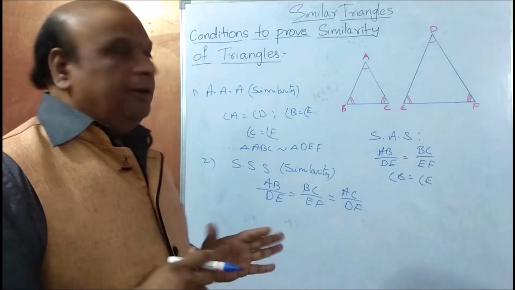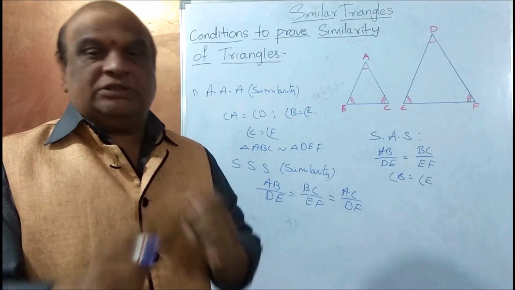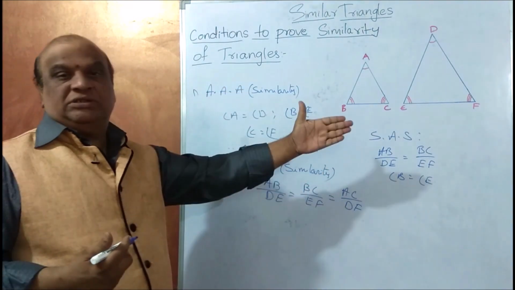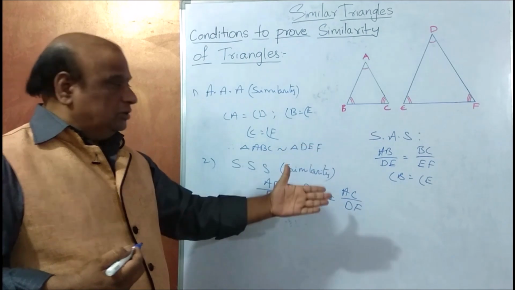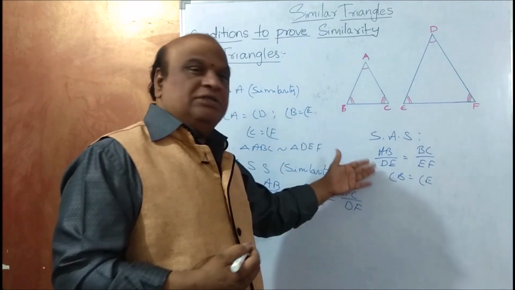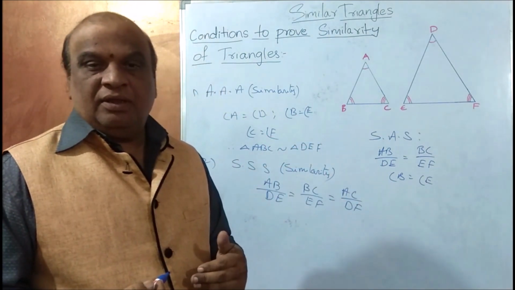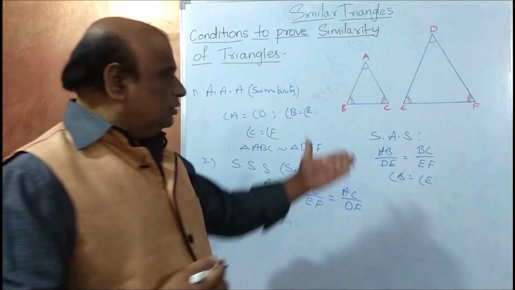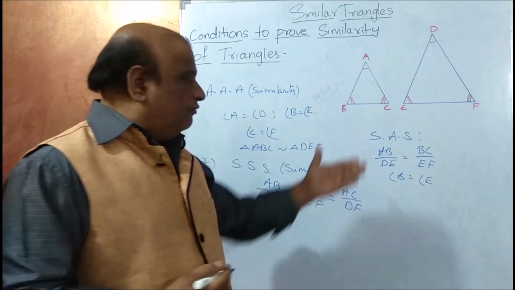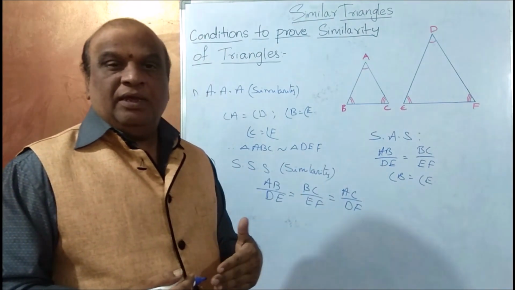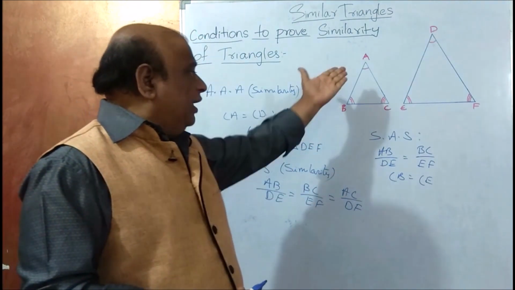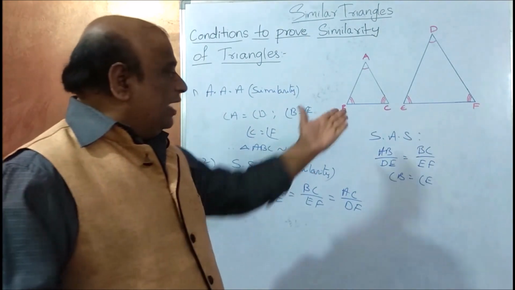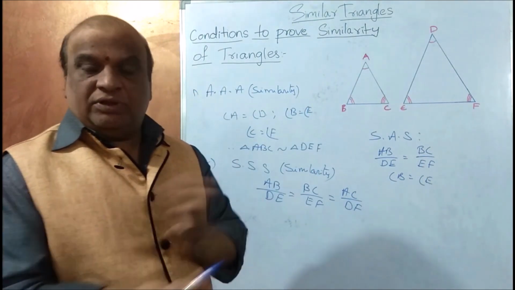So totally, to prove the similarity, these are the three options. Suppose this condition is satisfied, then two triangles are similar. According to this SAS condition, if it is satisfied, then you can take angle A is equal to angle D without verification, and angle C is equal to angle F without verification.